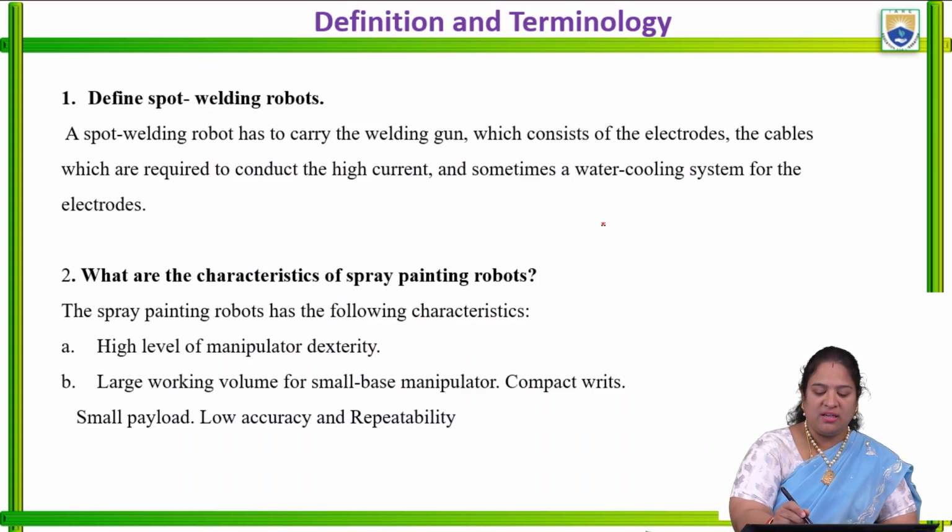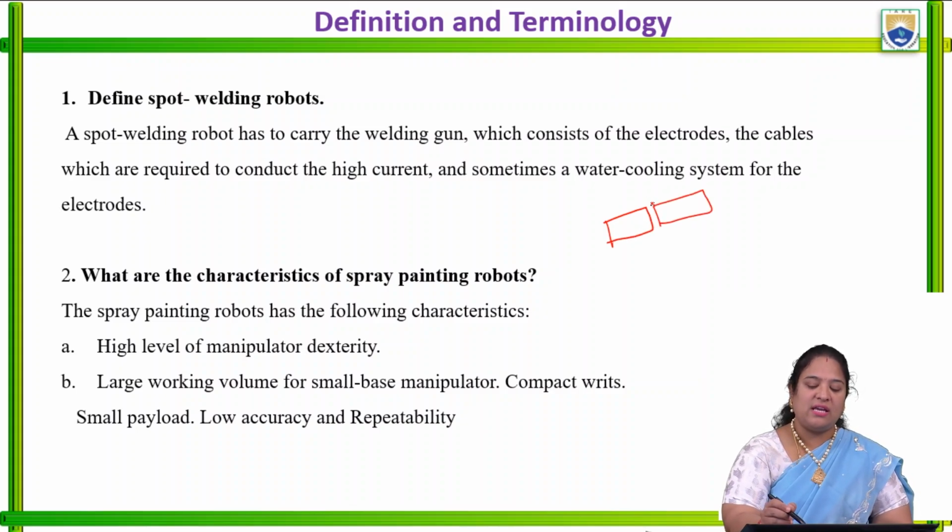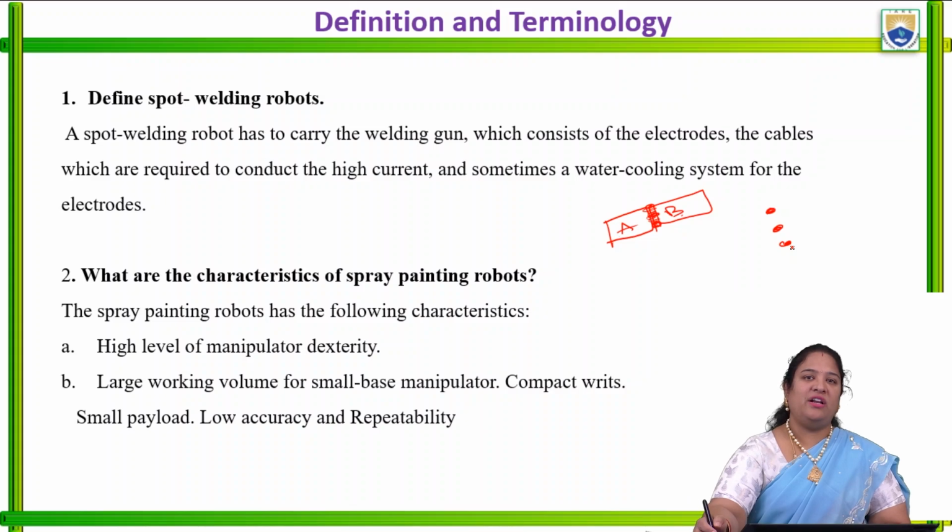Spot welding is generally done like this. For example, here we have two workpieces, workpiece A and workpiece B, which we need to weld. This type of spot welding is not done in a continuous process; rather, at some particular point, at some particular joint, the welding is done.